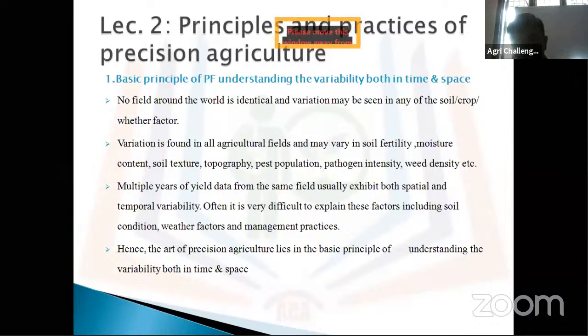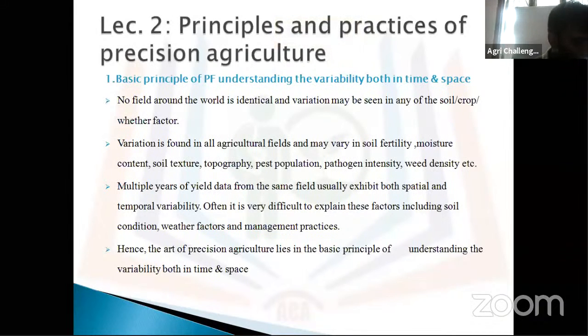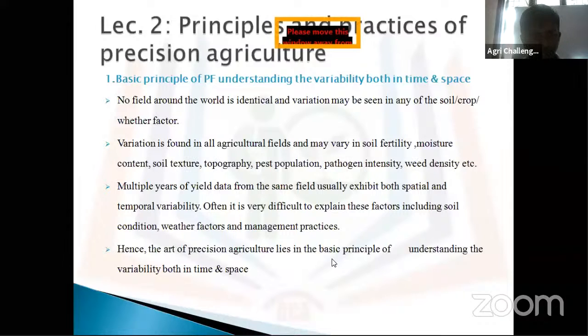Variation is found in all agricultural fields and may vary in soil fertility, moisture content, soil texture, topography, pest population, pathogen intensity, weed density, etc. Which type of variation?